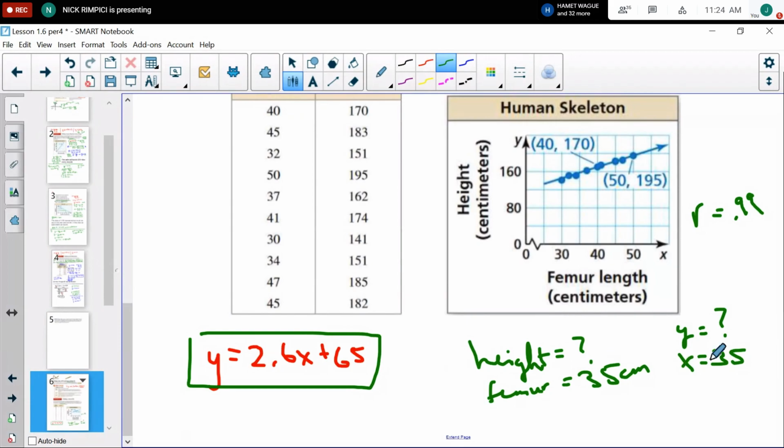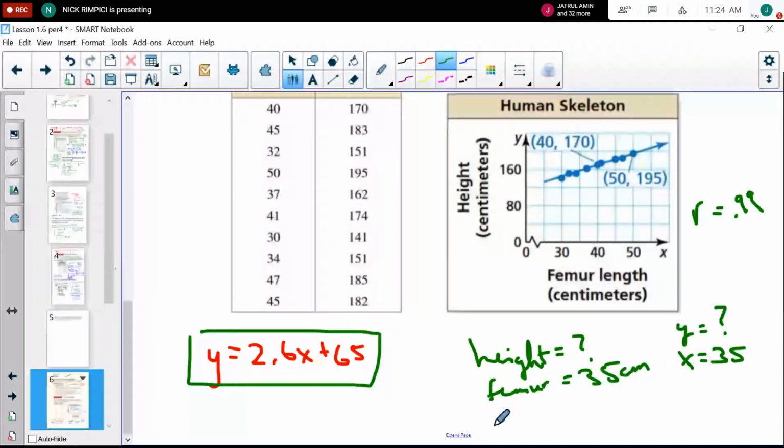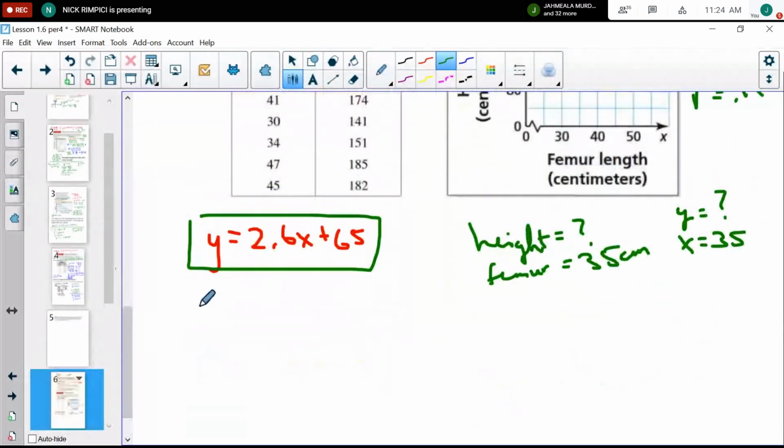All I have to do is put 35, the femur length, into X, and I can compute the guy's height by doing this. So Y equals 2.6 times 35, because that's the equation we're using, plus 65.